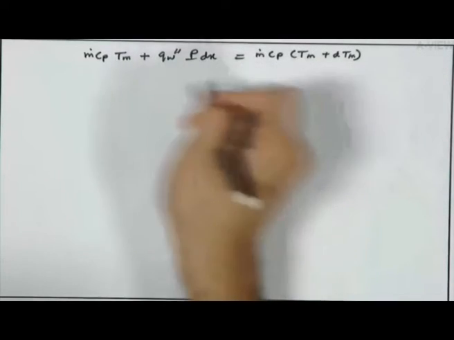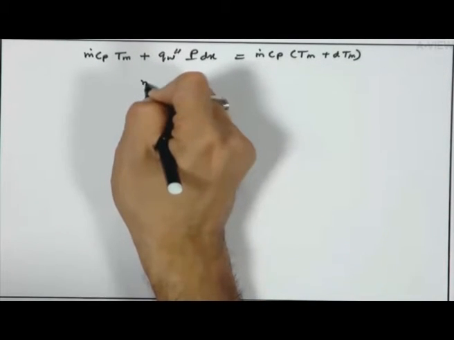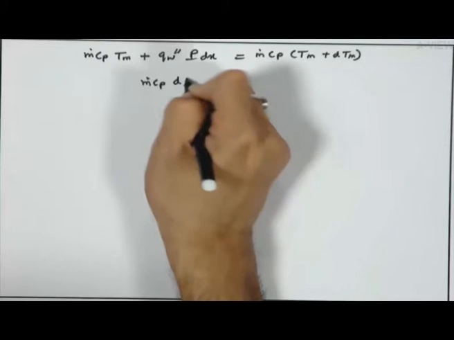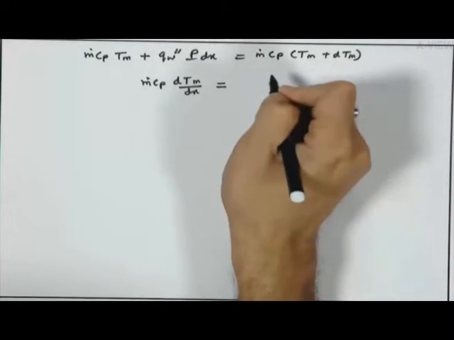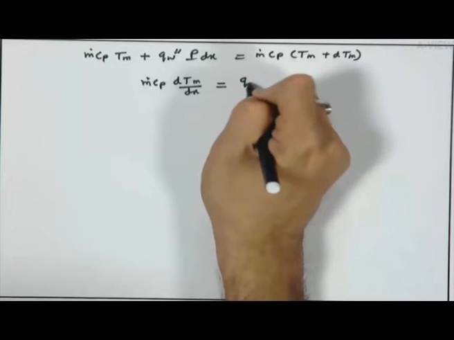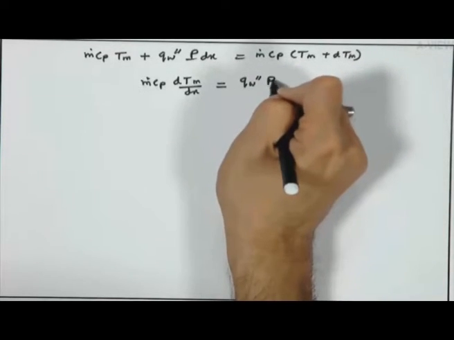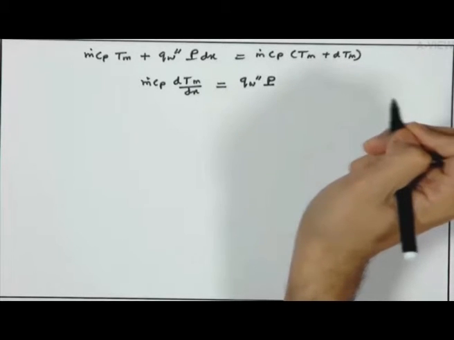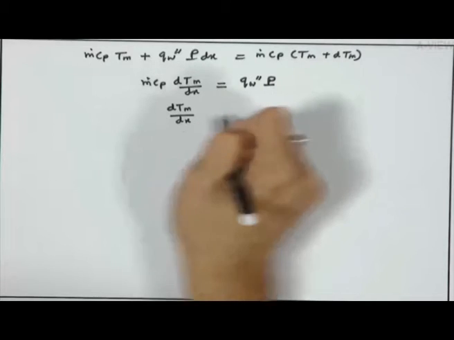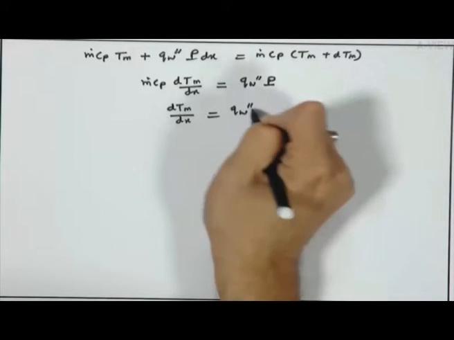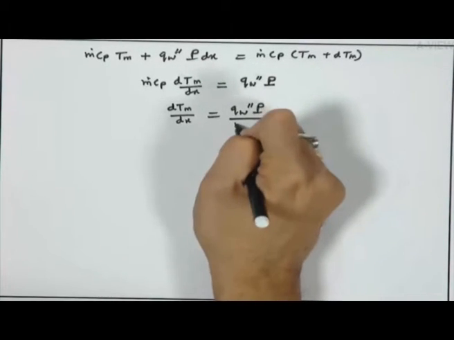So, we can write m dot Cp dTm by dx is equal to q wall into P. So, dTm by dx is equal to q wall into P by m dot into Cp.